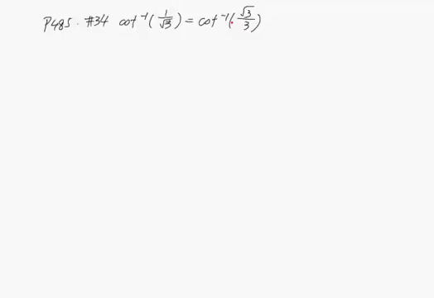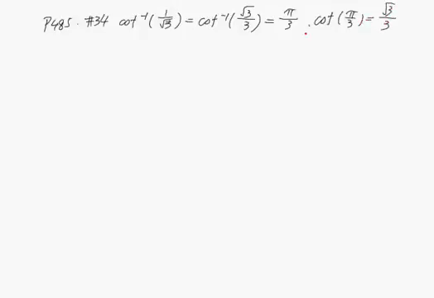Pi over what? Pi over 3, right? So that is 60 degrees. Pi over 3, because the cotangent of pi over 3 is equal to root 3 over 3.